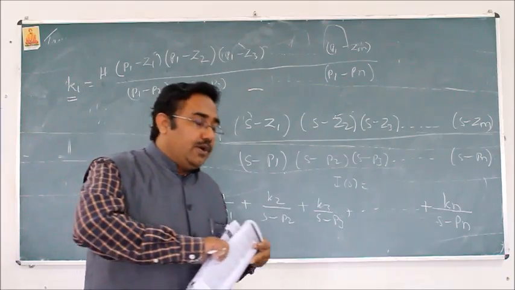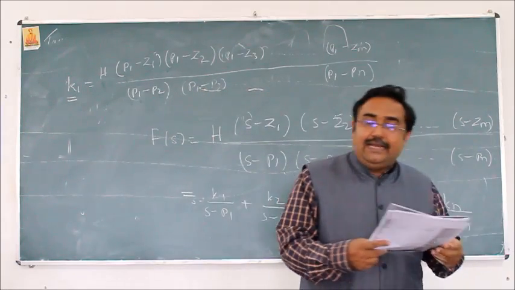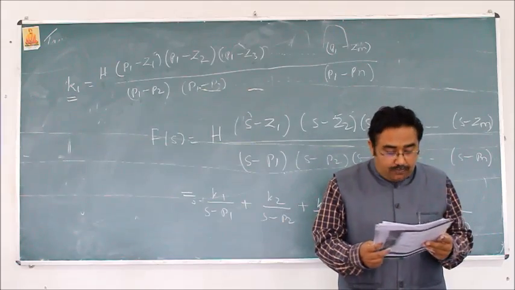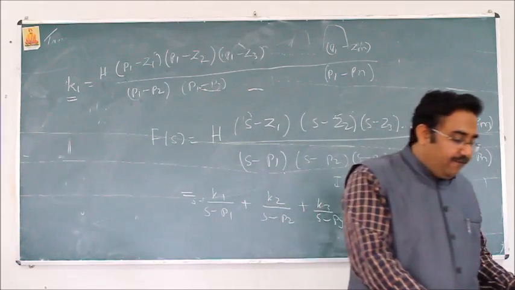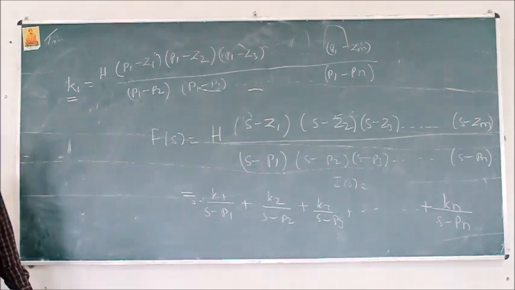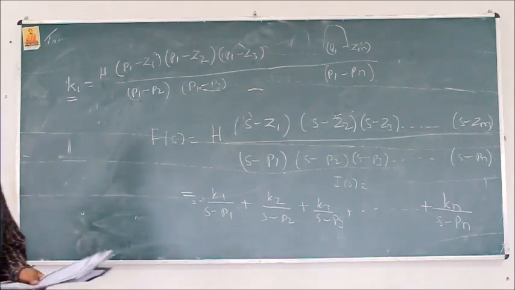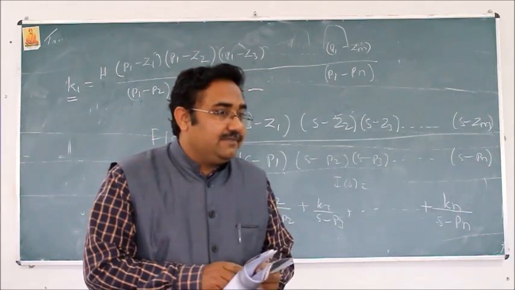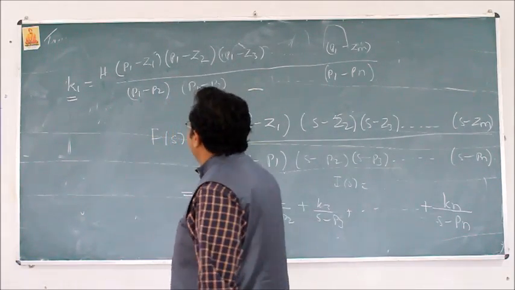So from now onwards, we will be dealing with numericals where we have to find out the time domain response from the so-called pole-zero diagram. So I will first of all take a very simple example. This is clear? Now one important point is about the so-called phasors. What I have shown, what is P minus Z1?